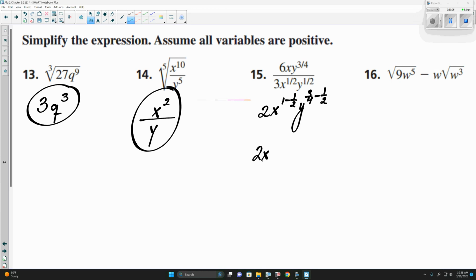So we have 1 minus a half, which is a half. 3/4 minus 1/2 for y is 1/4. And we get this here.